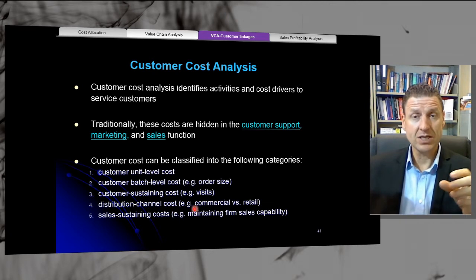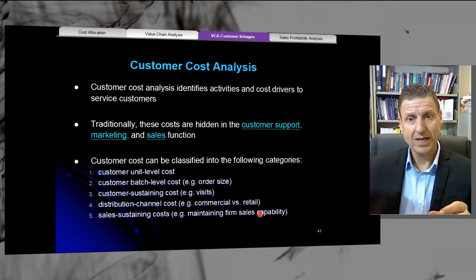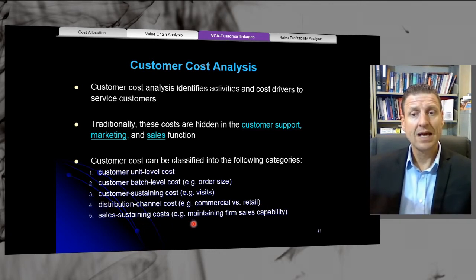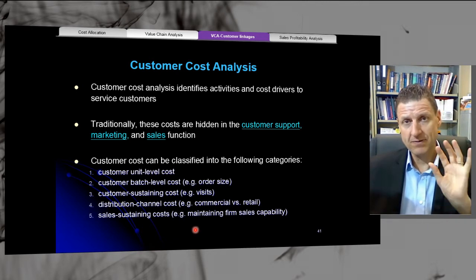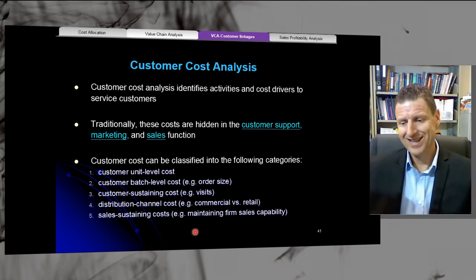Well, we may distinguish between a commercial channel and a retail channel, and so those costs may be different in terms of those categories. And finally, we may have sales sustaining costs that are associated with the marketing that's undertaken by the firm as a whole, just to push sales from quarter to quarter to quarter.